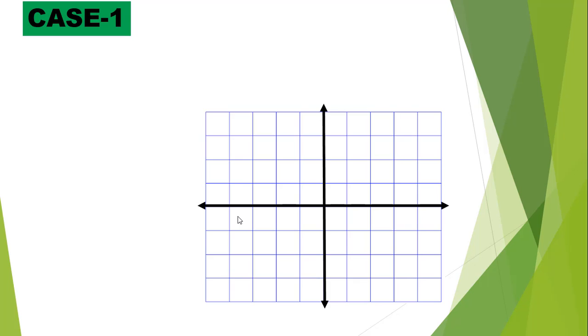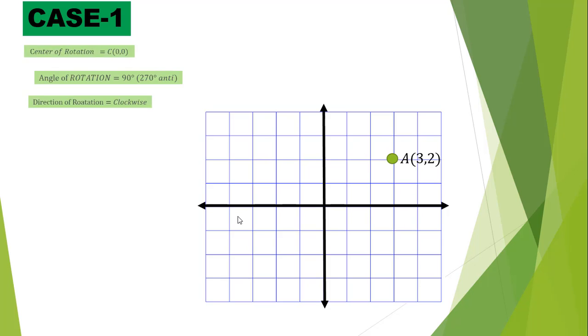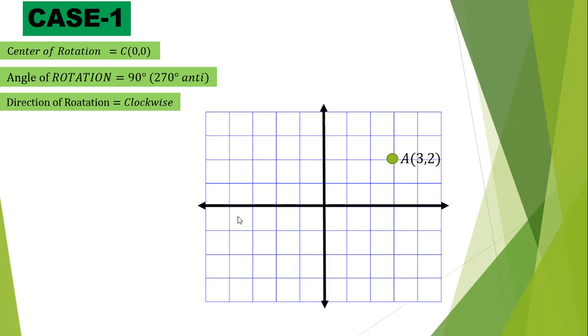Students, there are different cases of rotation that we have to discuss. Number one, it is a rotation in which we will rotate this point A (3, 2), which has the following three characteristics. The center of rotation is going to be the origin (0, 0).